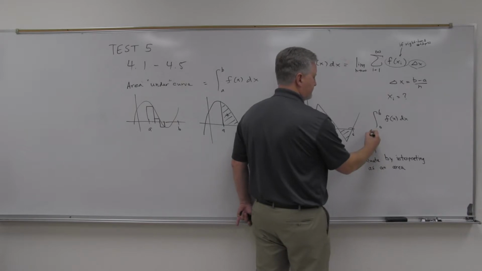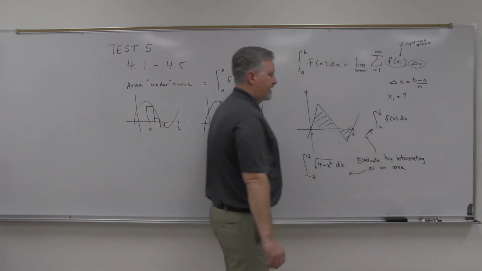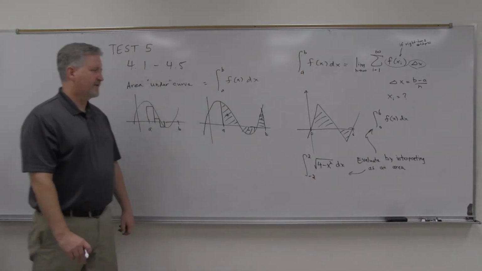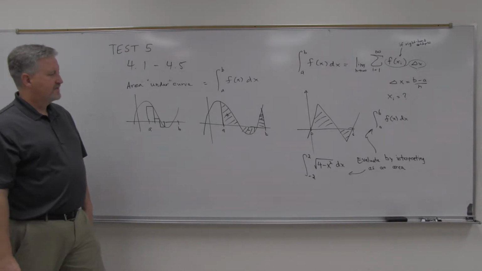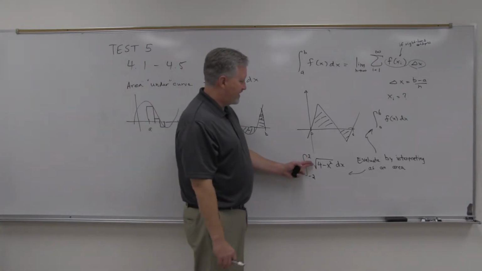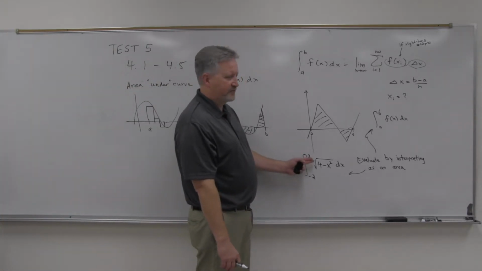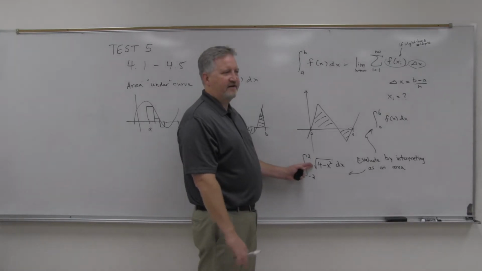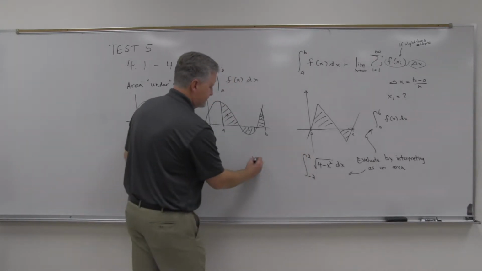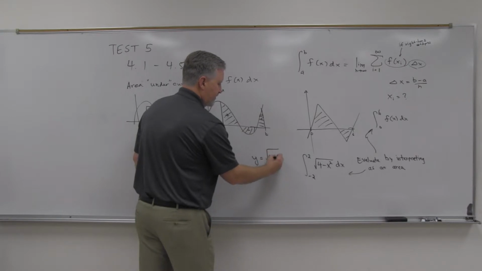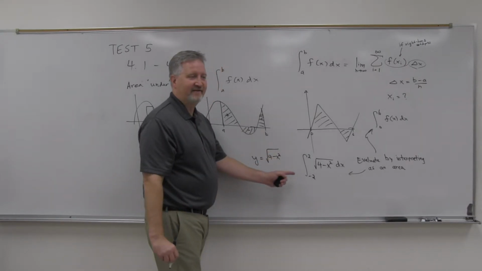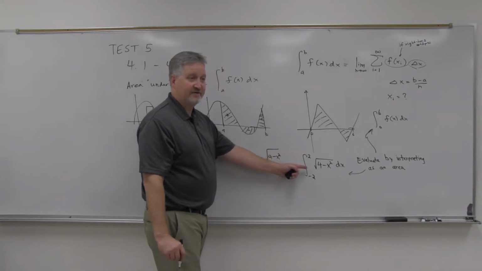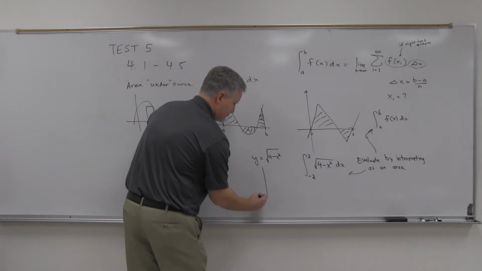On this one, what you have to realize, if I was going to do this by interpreting it as an area, is that if I graph y equals the square root of 4 minus x squared, what have I got there? It's a semicircle, isn't it? Radius 2, centered at 0, 0.